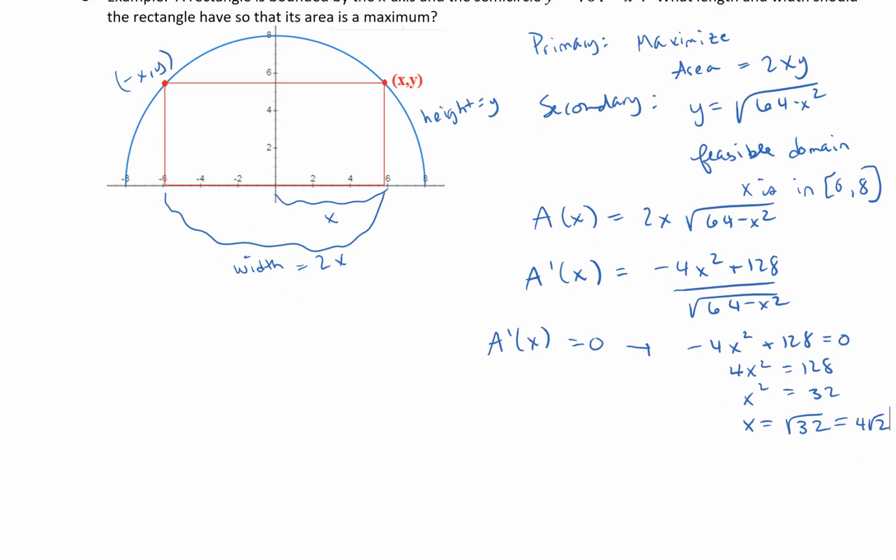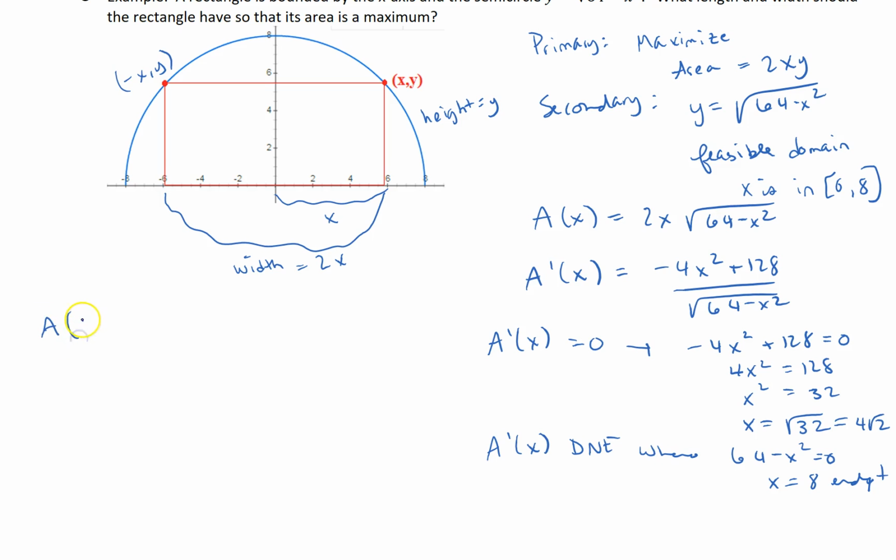In this case, A prime of x does not exist where 64 minus x squared equals 0, or x equals 8 in this domain, which is an endpoint, so we're going to test that anyway. No big deal. Okay, so we need to compare our y values.